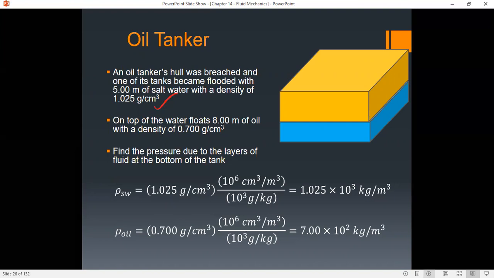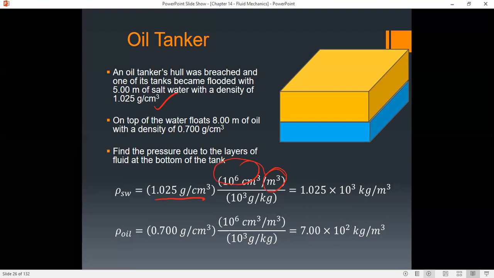Okay, now, problem here is we're given everything in grams per cubic centimeter. So we've got to convert from CGS units. So we take our density of salt water. We know that there's 1 million cubic centimeters in 1 cubic meter. You can prove that to yourself, by the way, folks.